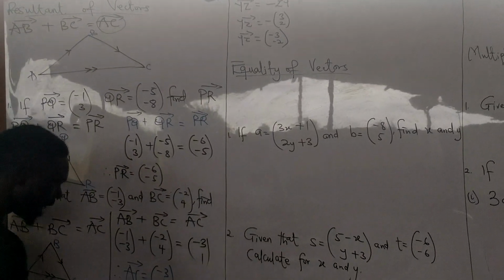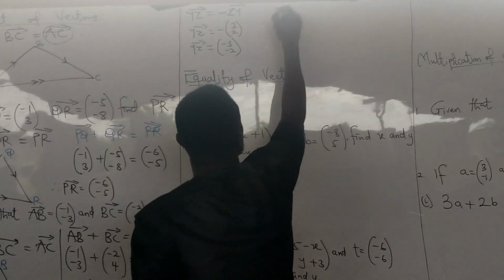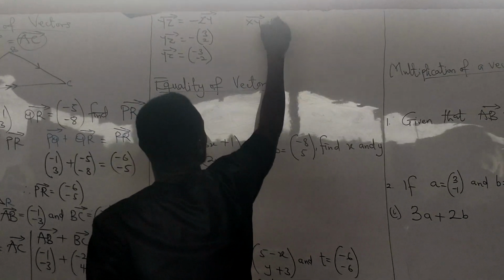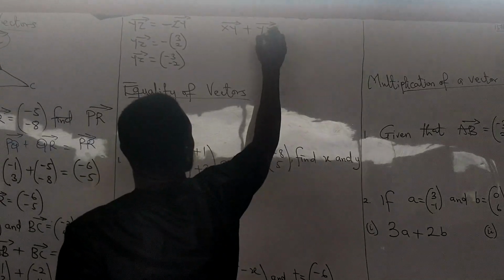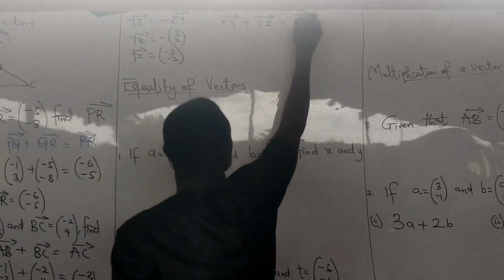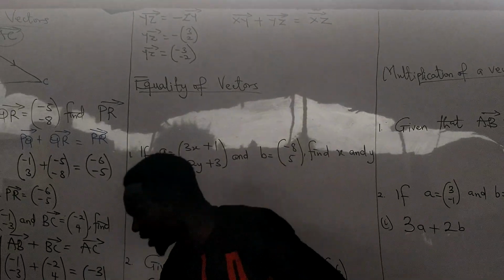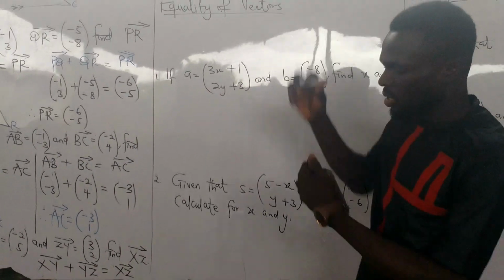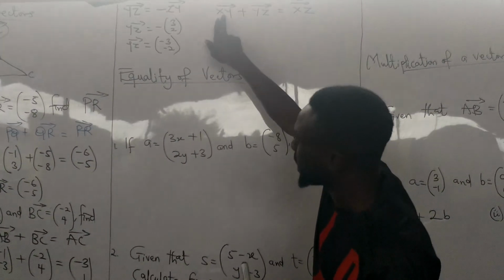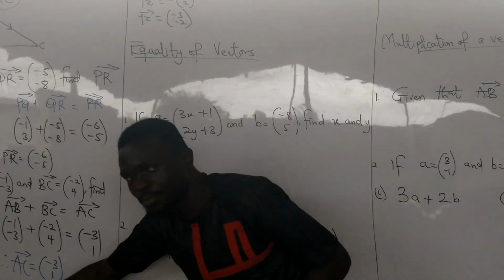So let me rewrite this expression again by saying vector XY plus vector YZ is equal to vector XZ. This expression is what I've written as this. So from the question, we have this as negative 2, 5.